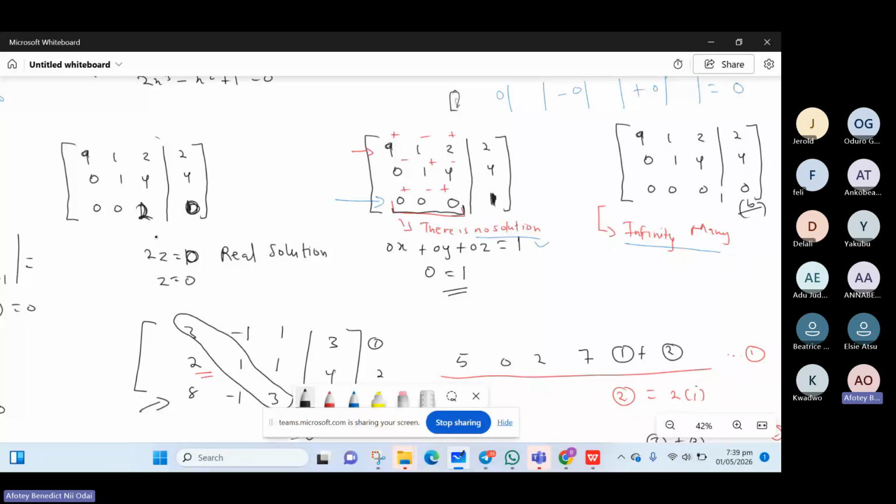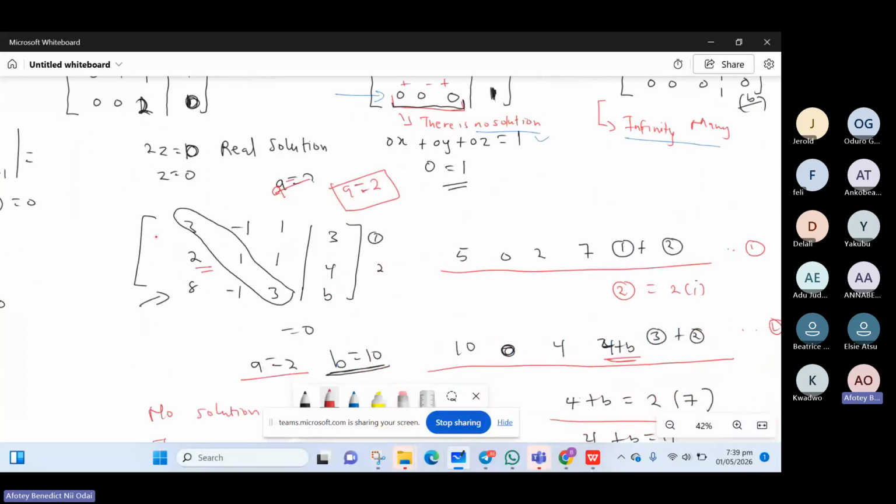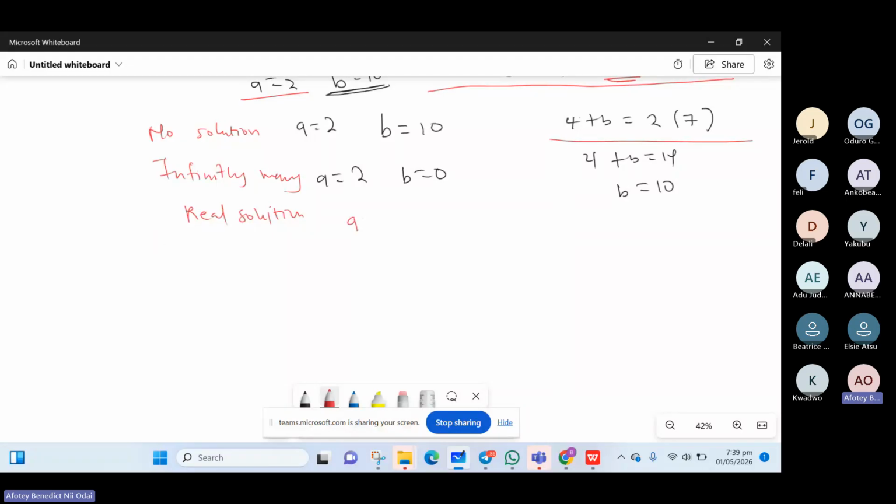So we get a is equal to 2 when we get a row full of zeros. Now, we are saying that for a real solution, the determinant should not be equal to 0. And we are getting a when the determinant is equal to 0. So we can conclude that for the real solution, a should not be equal to 0.